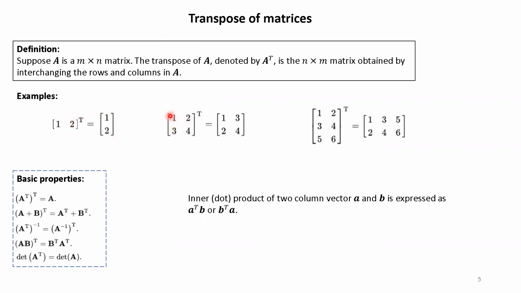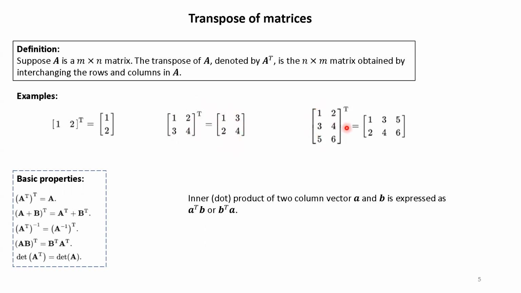Over here I have the matrix 1, 2, 3, 4, and taking the transpose, the first column, 1, 3, becomes the first row, 1, 3, and the second column, 2, 4, becomes the second row, 2, 4. So the transpose of this matrix is this one.